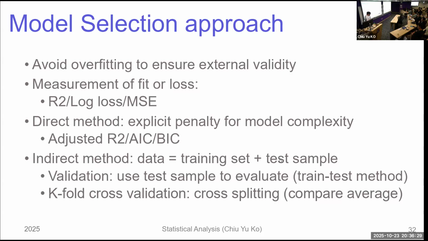And the next one, probably also learned in machine learning, is called cross validation. You divide the data into several parts, a test part and a training part. You fit the model on the training set and validate on the test set. You learned that from machine learning.